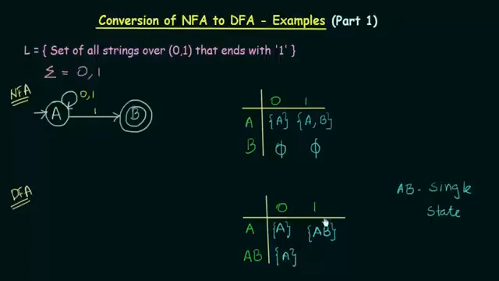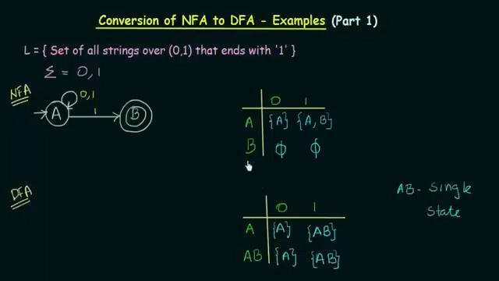And where does AB go on getting input 1? I have to perform the union operation of A and B on getting input 1. Union of AB and phi will be AB. Okay. So I have written for AB.